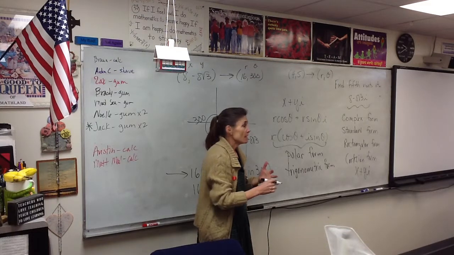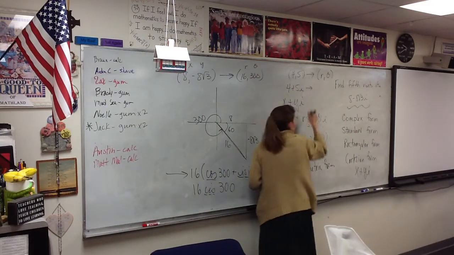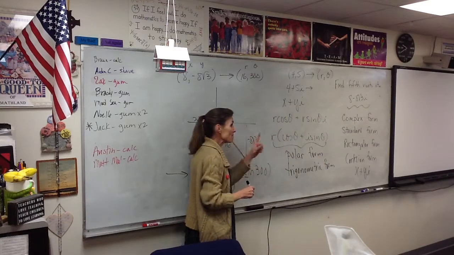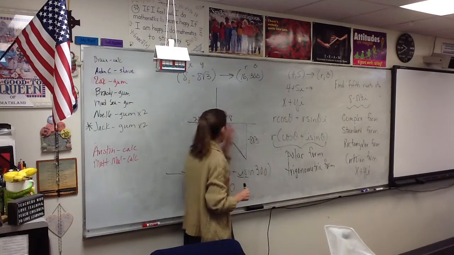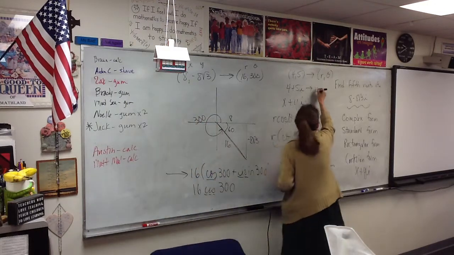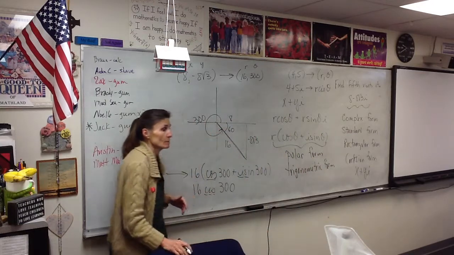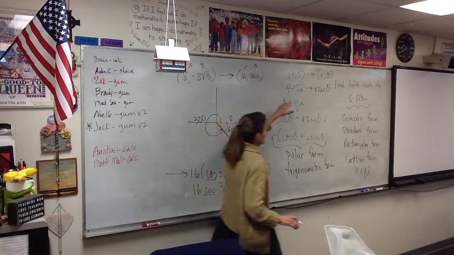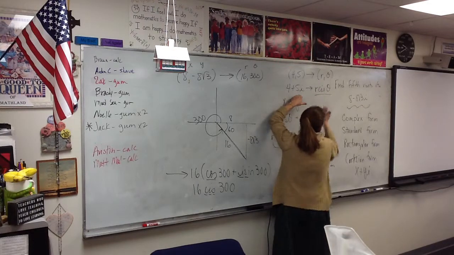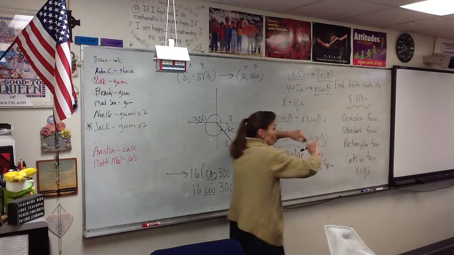Now, if we start with 4 plus 5i, we're going to have the same r and the same theta. You're going to do all the work exactly the same. The difference is your answer will look like that. If you start with a number, you have to end with a number. If you start with an ordered pair, you end with an ordered pair.